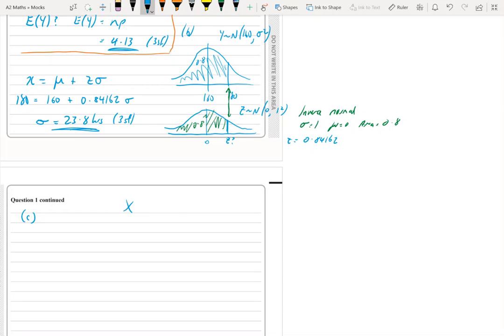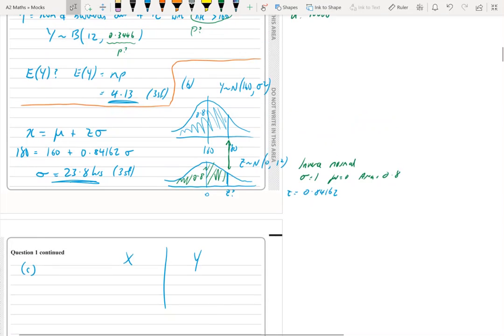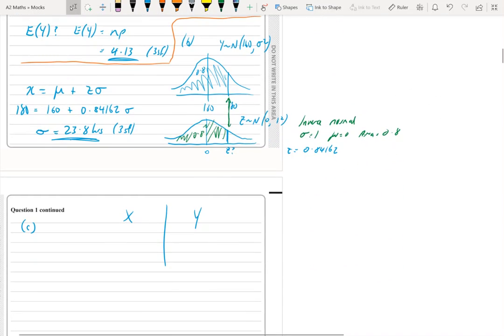We've got batteries from X and we've got batteries from Y. We don't know much numerical information, but we know the mean. The mean for X was 150, but the mean for Y was 160. So Y seems better. The standard deviation for X was 25, and we've just found out that the standard deviation for Y is 23.8.